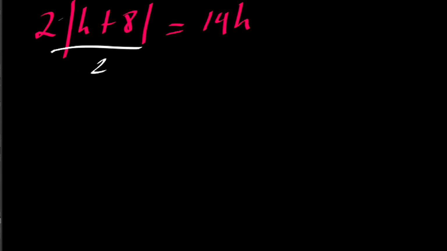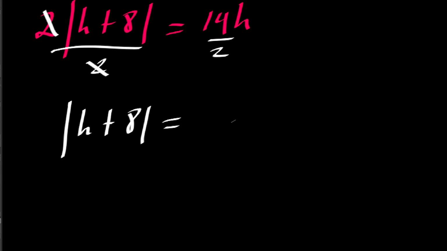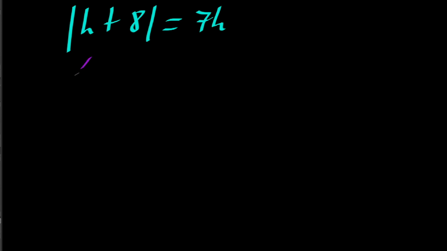Now, when you go through solving this, I'll do this one quick. We divide by 2 to isolate the absolute value. Absolute value h plus 8 equals 7h. So now we have to break this into 2 cases. The 2 cases would be h plus 8 equals 7h.